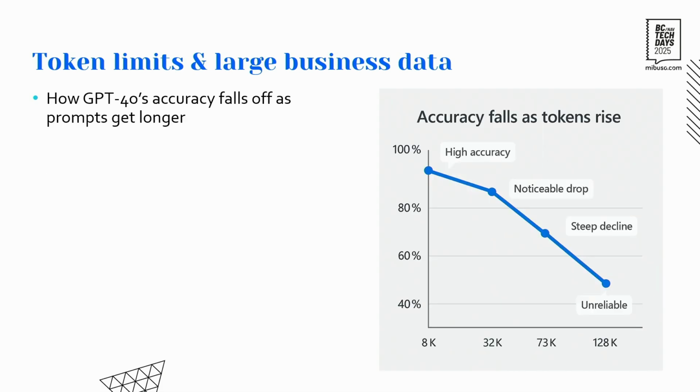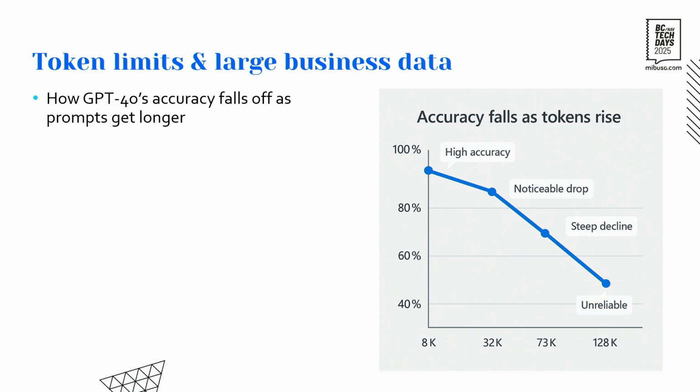To put a bit more emphasis on this point, there is a lot of benchmarking done on different models. I just want to share some of the benchmarking that was done for the GPT-4o model. You can see when you are using from 8K to 32K tokens, the accuracy is quite high. But as soon as you end up using more tokens, you see a noticeable dip in accuracy.